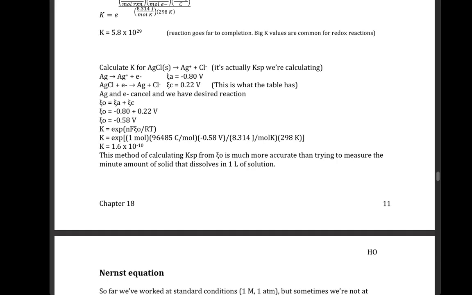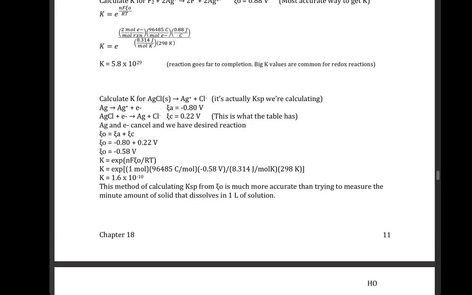You're going to be finding the two half reactions that are relevant in the standard reduction potential table, and just follow through finding E naught and then using the equation K is equal to e to the nFE naught over RT. So come back and do that later.